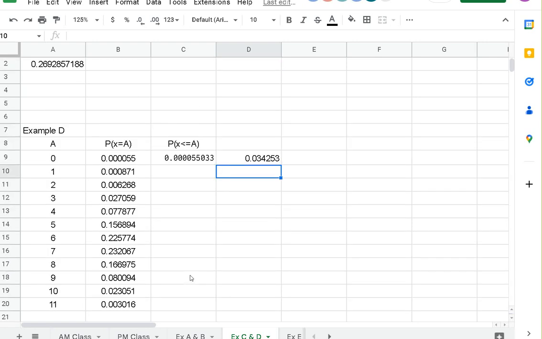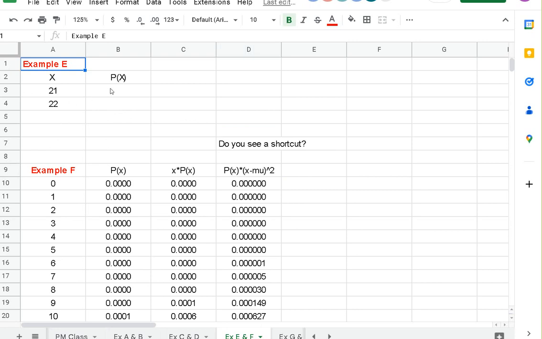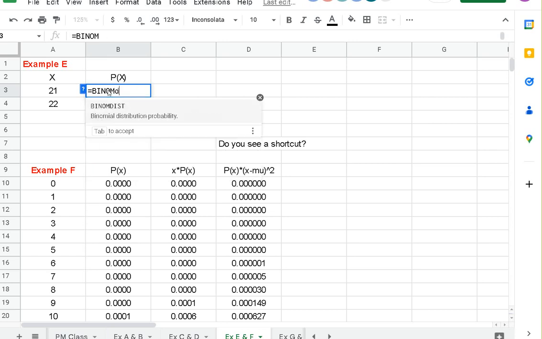This is example E. You've got two probabilities to calculate: X equal 21 and X equal 22, because it's at least that much. So equals binomial distribution, X. You don't have to type in this column like this.